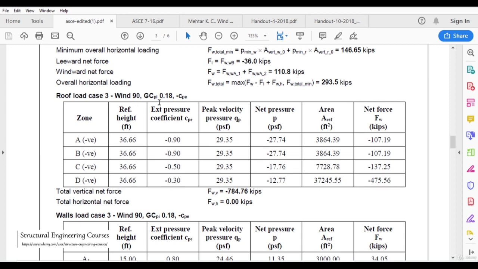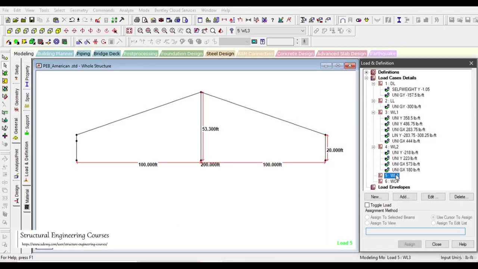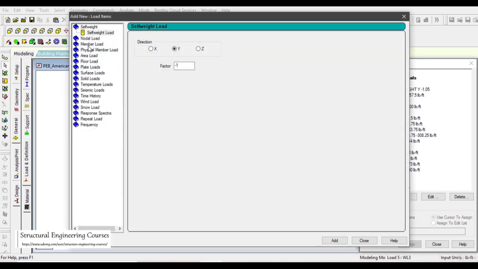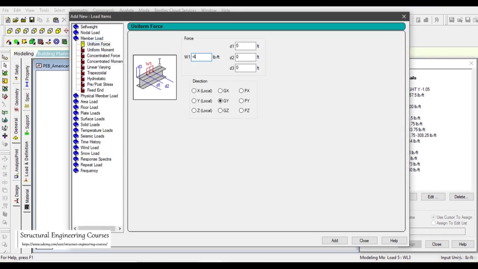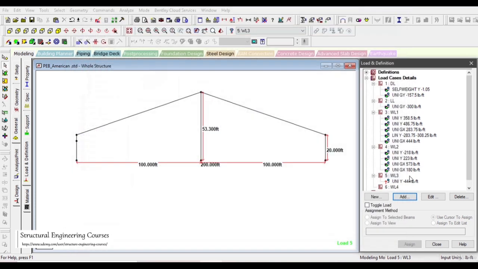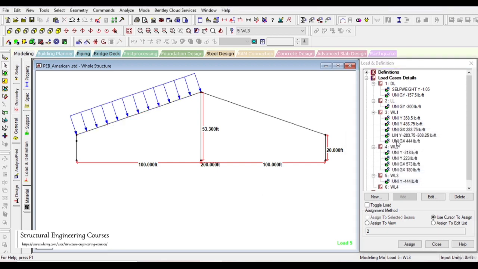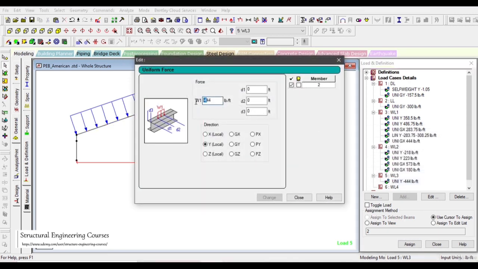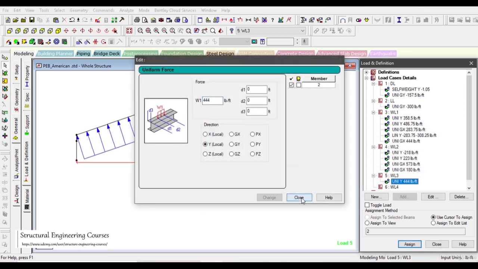And here we are talking about the roofing arrangement. So we can take this member load, minus 444 local Y, left click on add here, and we need to take it plus 444.